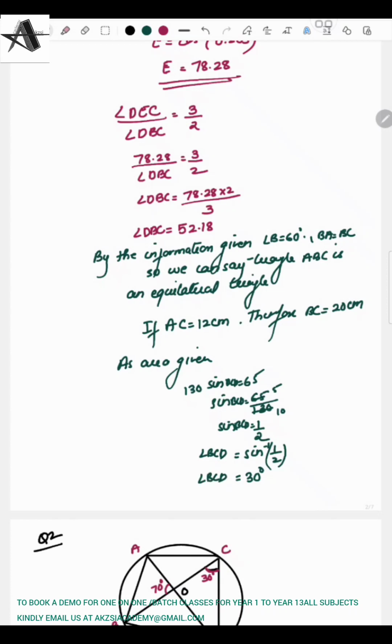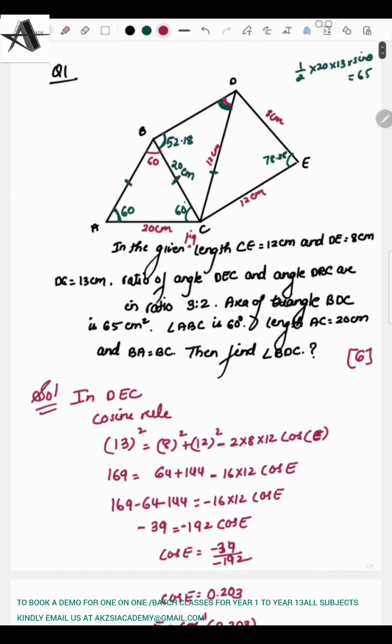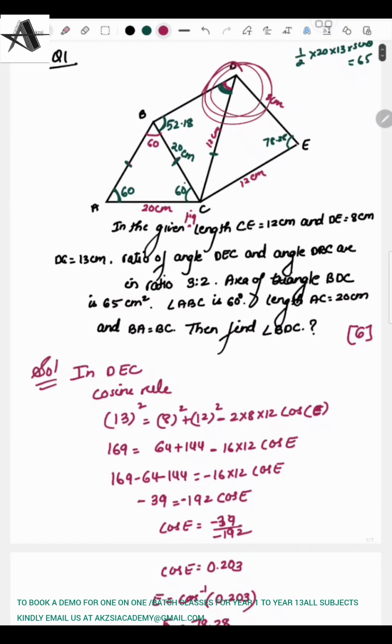Now the last thing is we have to apply angle sum property in this triangle, because this was our main aim to calculate. I have calculated this to be 52.18, this to be 30 degrees. So obviously the third angle is very easy because we just need to apply angle sum property. So what is this triangle? It is triangle BDC, and let me write it down.